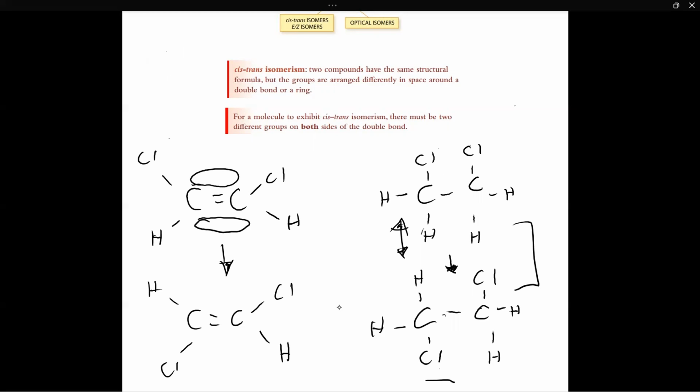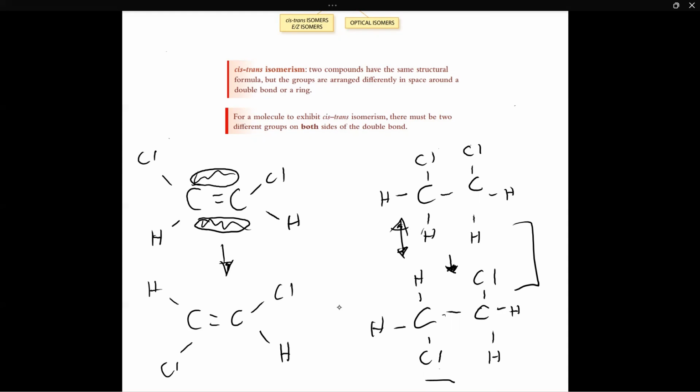Sigma bond electrons are concentrated between the nuclei of the carbon atoms, but for the pi bond, which is the second bond, the electrons form a cloud above and below the plane of the carbon atoms.